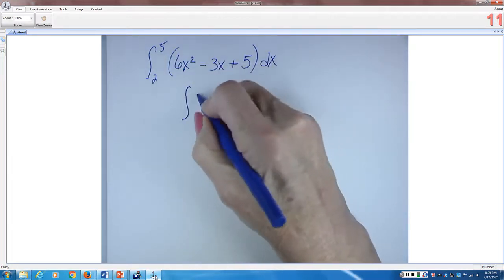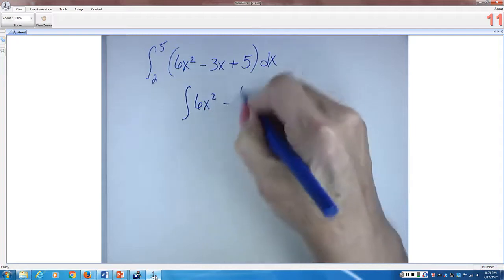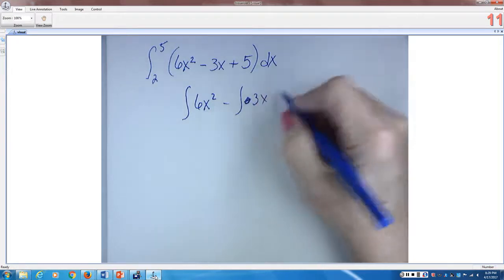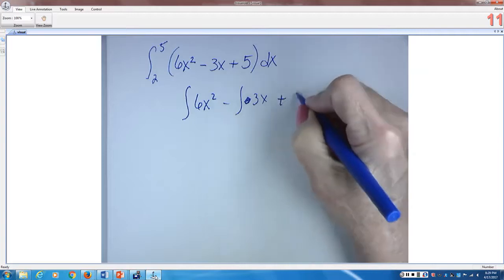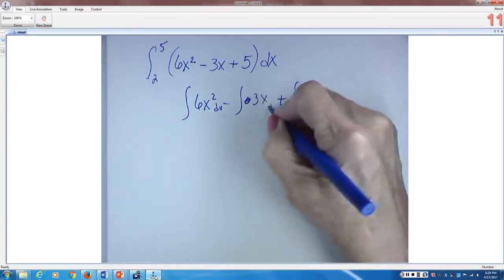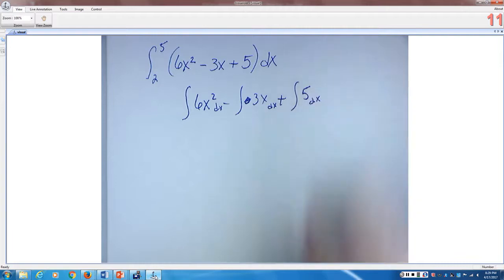So we're going to do the integral of 6x squared minus the integral of 3x plus the integral of 5, and all of those have dx on them. So in other words, we're going to integrate just like we do derivatives, one term at a time.